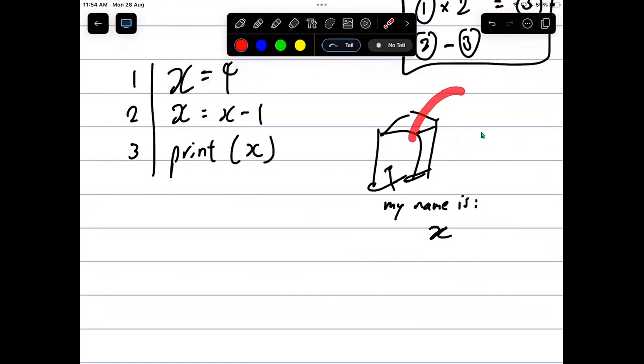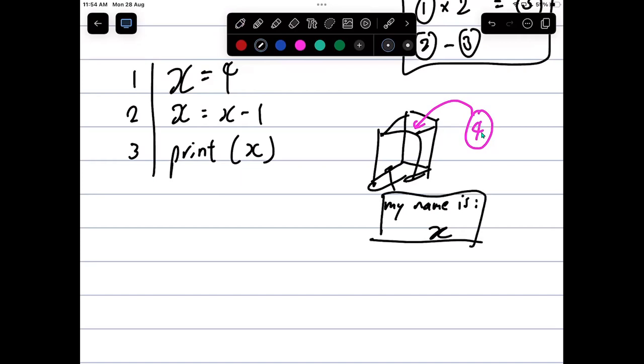In other words, inside this box, I'm going to put in a 4. So now there's a box that contains a number, and the number is 4. Can you understand this concept? My name is X, that's the name of the box. We're going to put a 4 inside the box. That's what x equals 4 means.